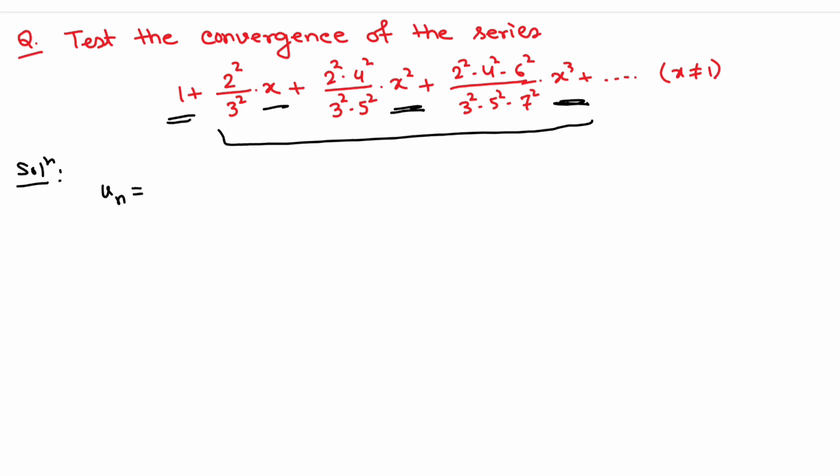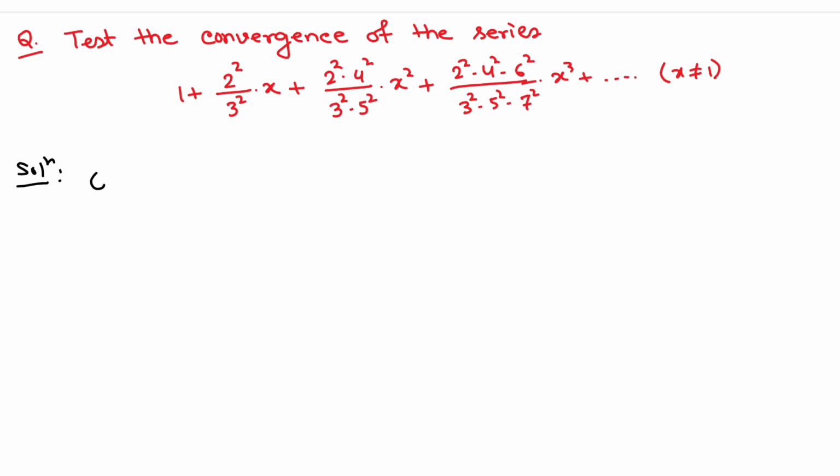Okay, now remember, for an infinite series you can ignore or neglect some finite number of terms. If any term is not following the pattern, then you can neglect the term, and it is possible only for infinite series. So we can neglect the first term.